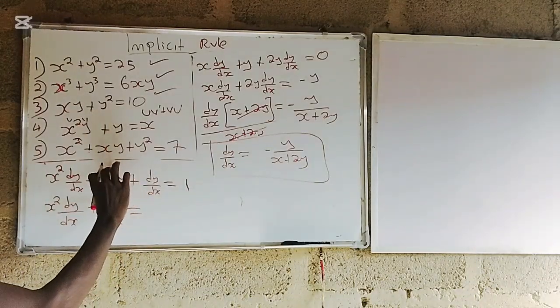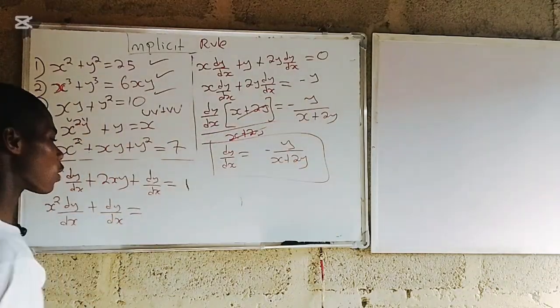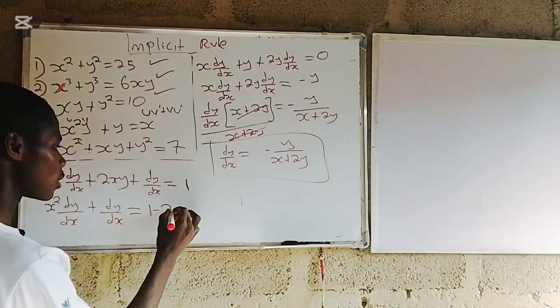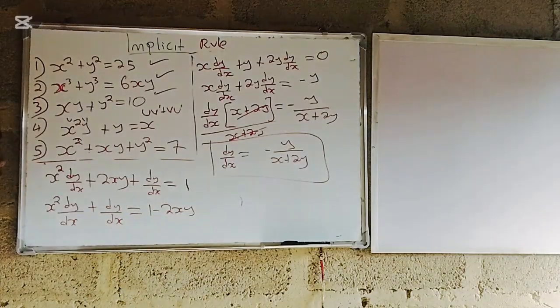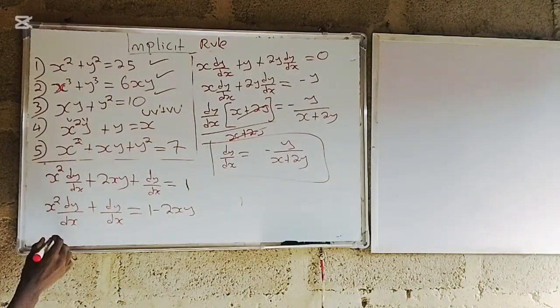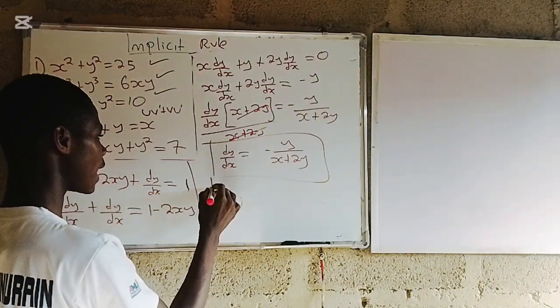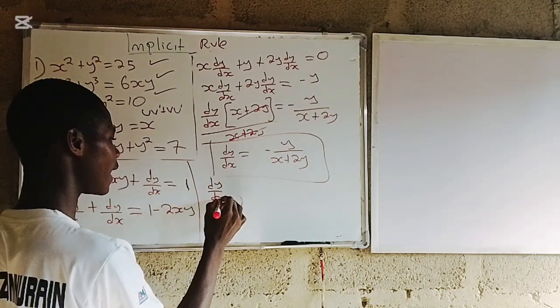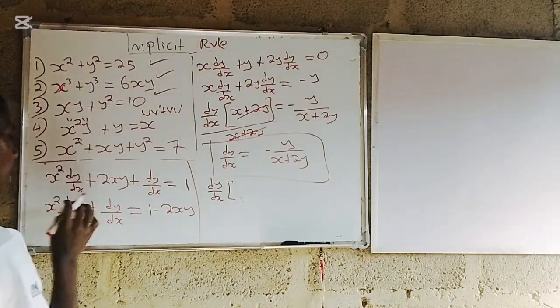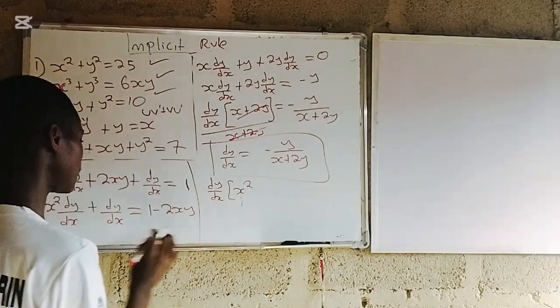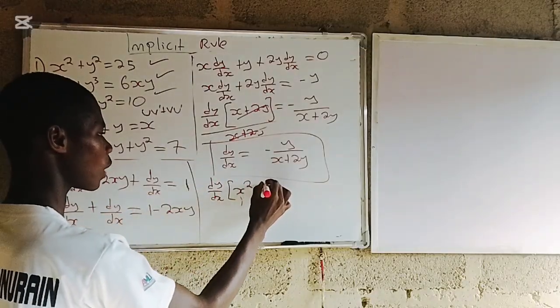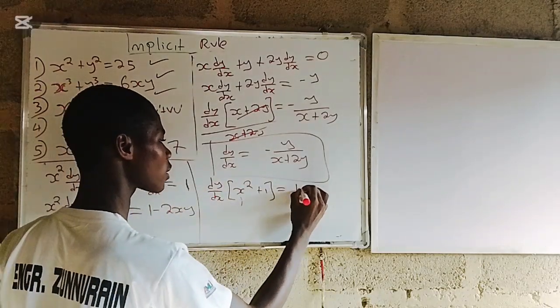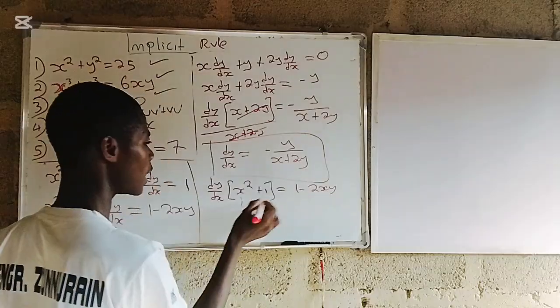It does not contain dy/dx, so it will cross the equal sign: 1 minus 2xy. The next thing I'm going to do, I have to factor out dy/dx. So I will say dy/dx, x squared plus 1, which will now be equal to 1 minus 2xy.